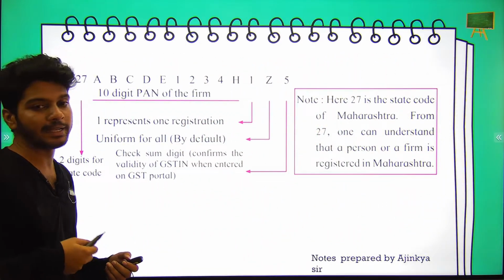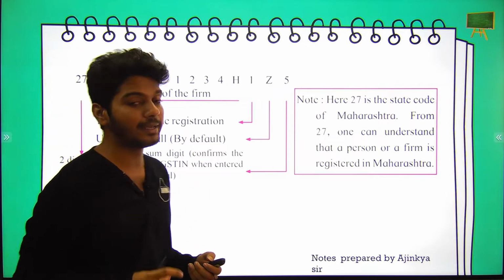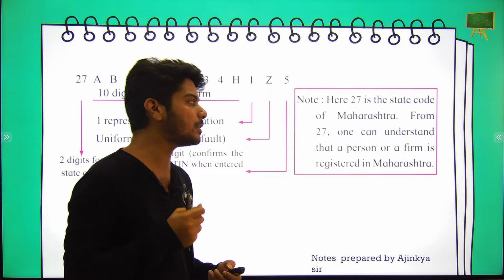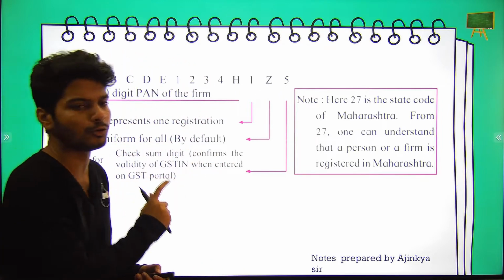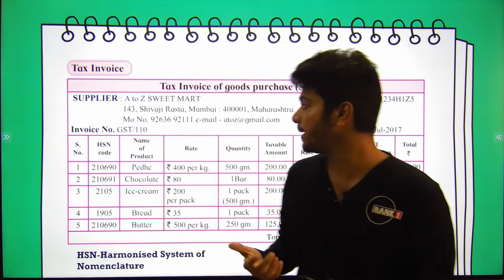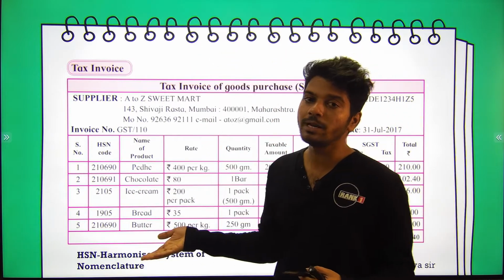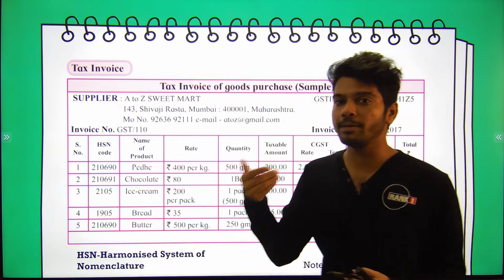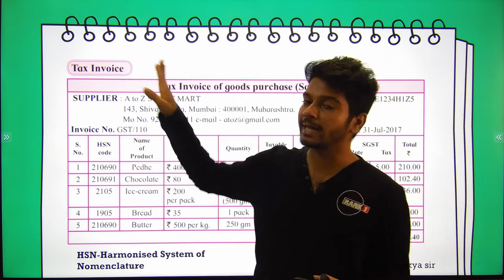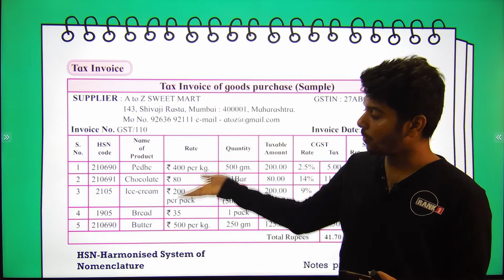As we are starting a new topic, I want to make clear that every single part of this topic is covered, so we have taken this part. Nobody is going to ask you this in the exam. When you purchase any commodity, this is the format of the bill you will get. When you buy from Amazon or Flipkart, you will get a bill called a tax invoice in this format only.